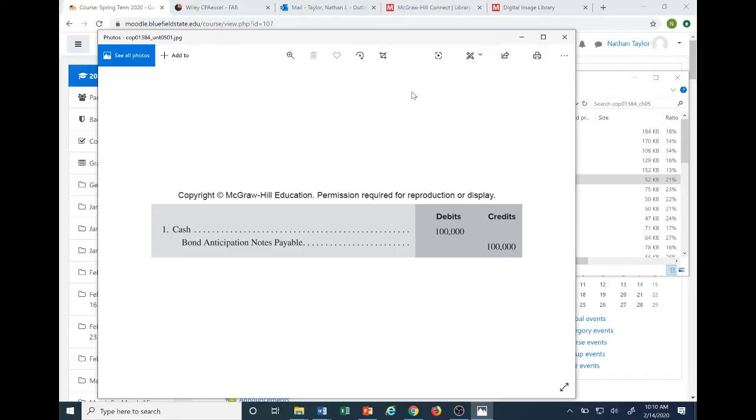It's recorded here as a liability because it's going to be repaid within the current period, right? So therefore, we're going to record it as a liability in this fund. We borrowed cash, so we're debiting cash, an asset going up by $100,000, and we're going to credit the liability, bond anticipation notes payable, of $100,000, because that fund's going to repay that. So we don't need to record it in the government line, right?